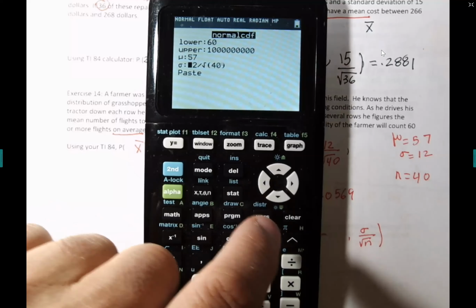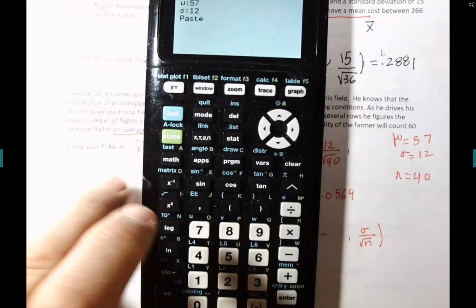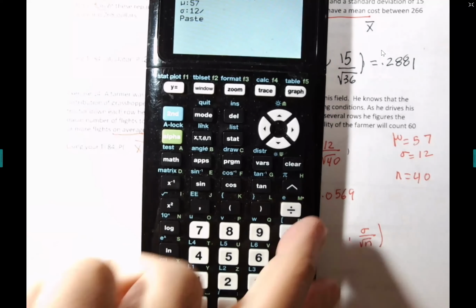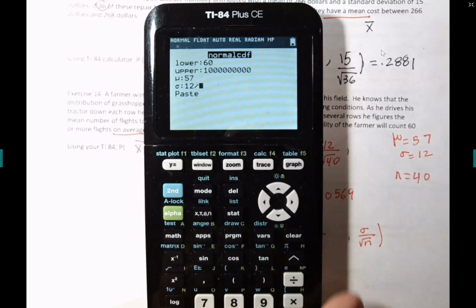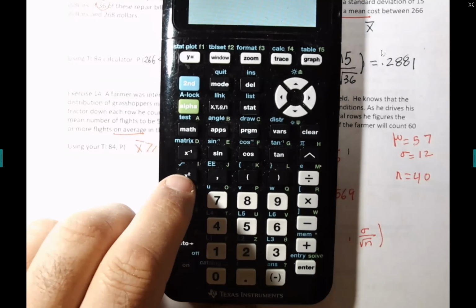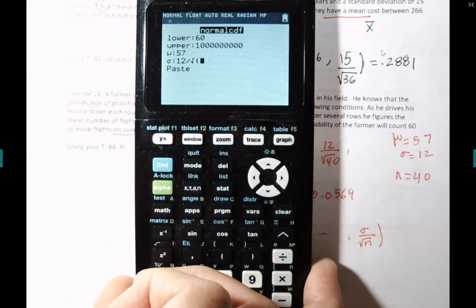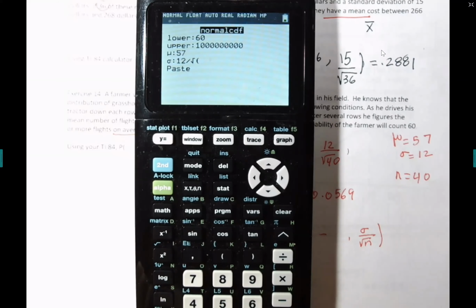Okay, here, let me delete it. 12, then the division sign, and then press the second key and then go to square root, which is x squared right here. And put the number, which is 40, and close. Oh, okay. So after the division sign, I have to press the second, then the x squared, and then enter the number. Exactly. Got it. Thank you.